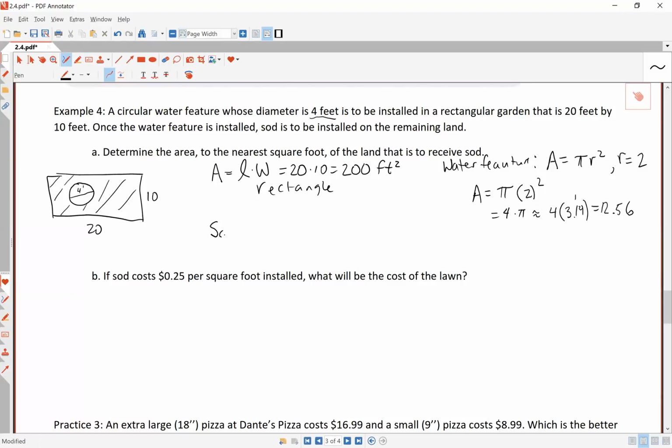So the sod needs to be the area of the rectangle, and we subtract off the water feature because we're not covering it. 200 minus 12.56 is 187.44 square feet.